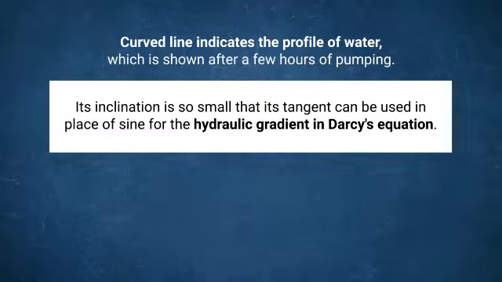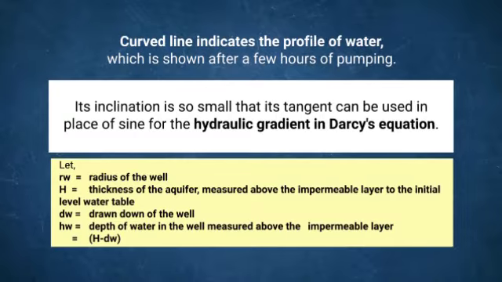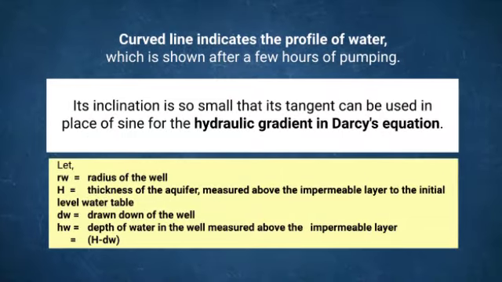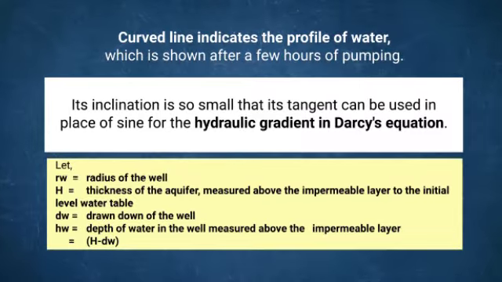Here small r_w is equal to the radius of the well, capital H is equal to the thickness of the aquifer, measured above the impermeable layer to the initial level of the water table. Small d_w is equal to the drawdown of the well.